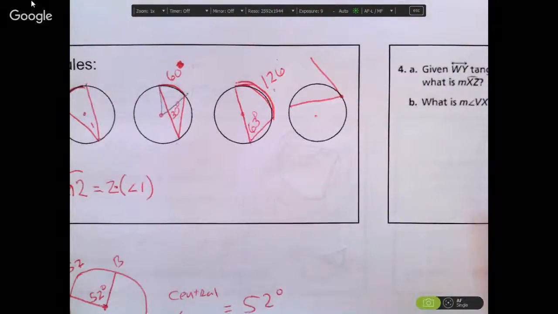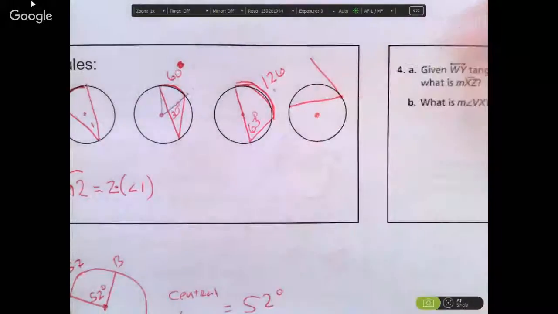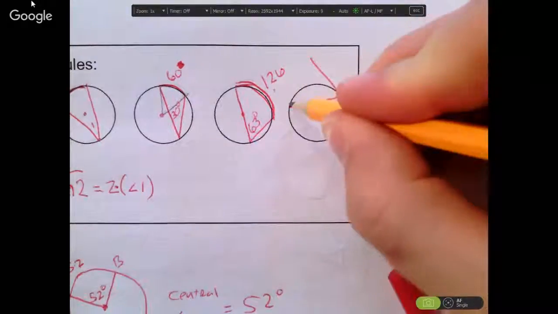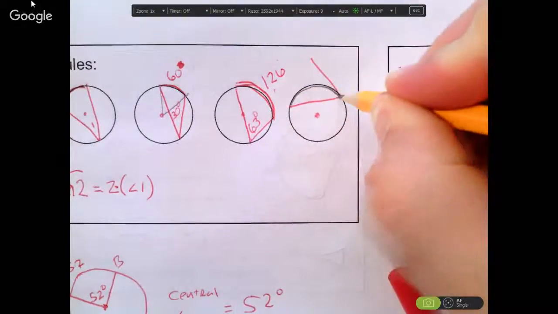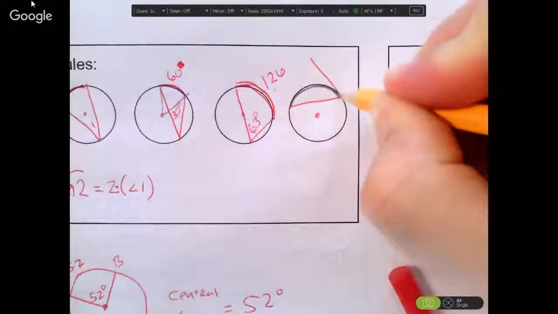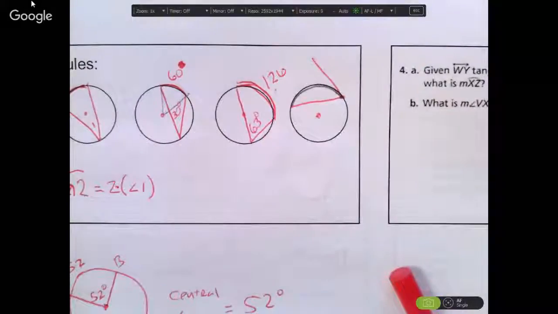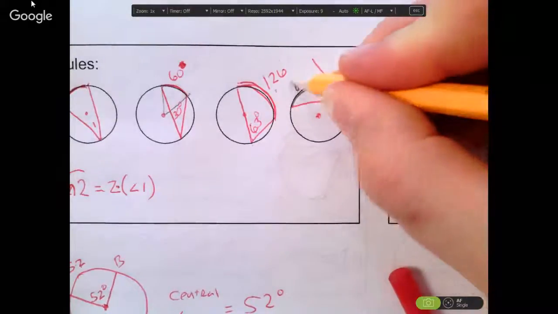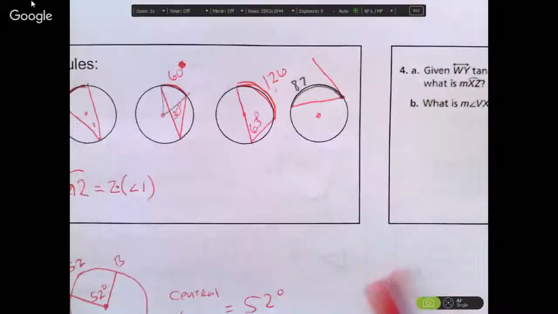So if I tell you that this arc length right here is, what would that be? That looks like it's about 87, 88.